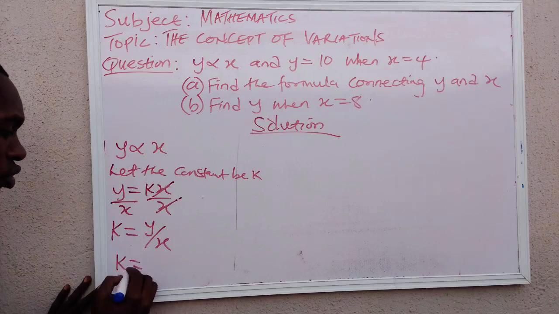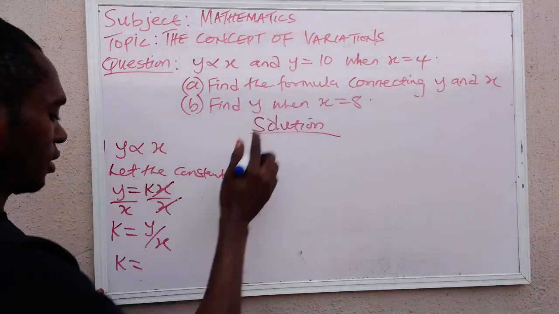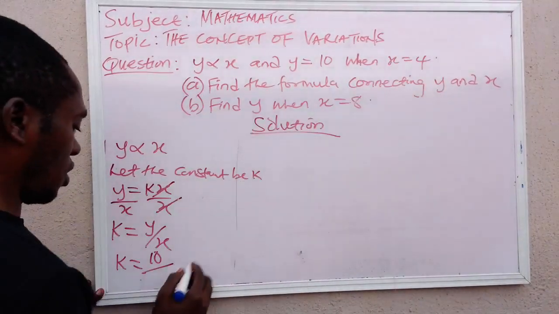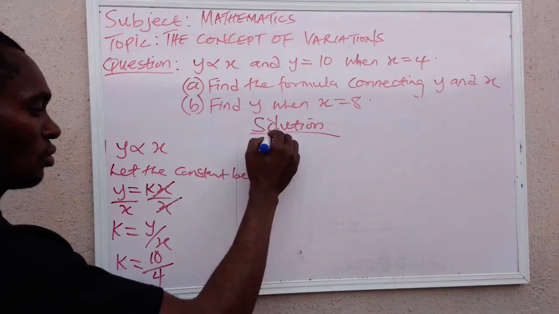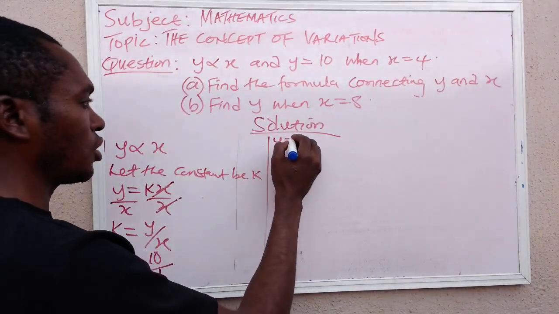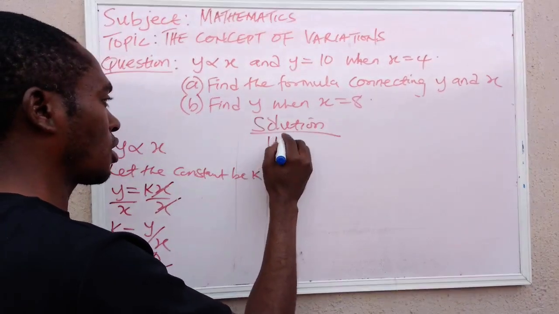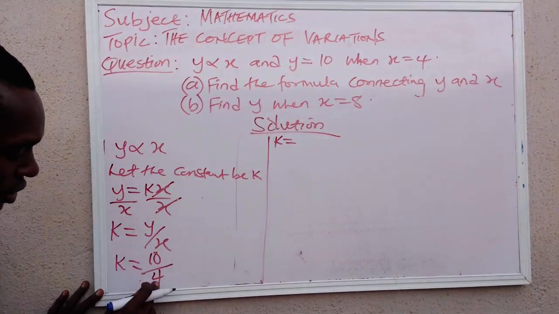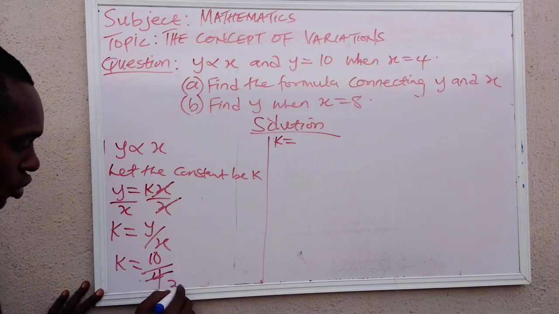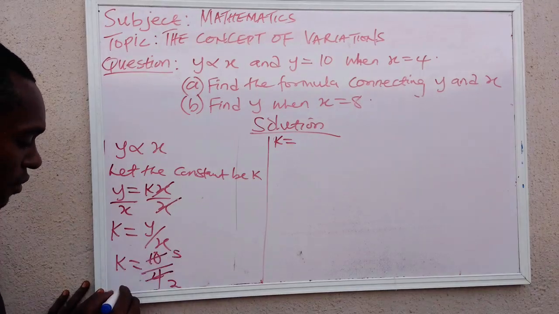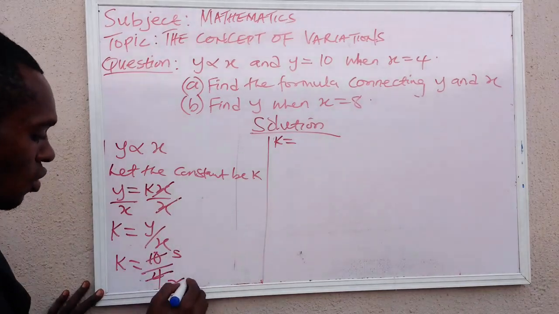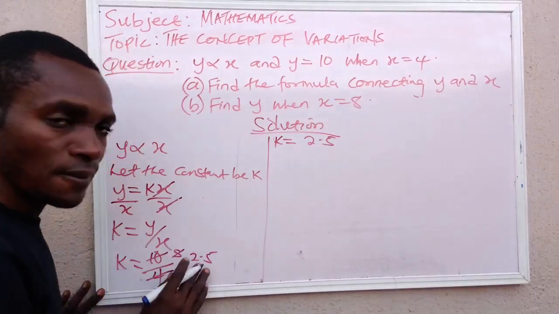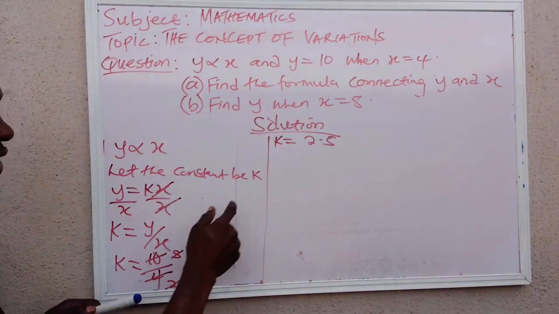They say y is 10, and x is 4, so k equals 10 over 4. I can divide 2 into 10 and 2 into 4, which gives 5 over 2, that is 2.5. So I have gotten the value of k as 2.5.